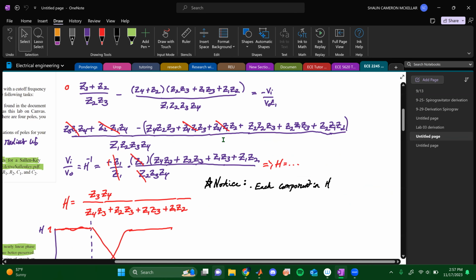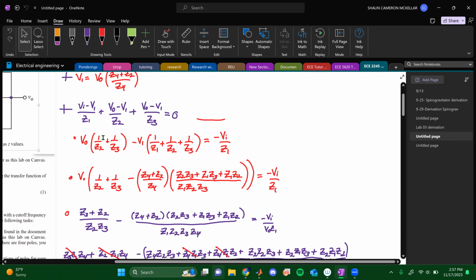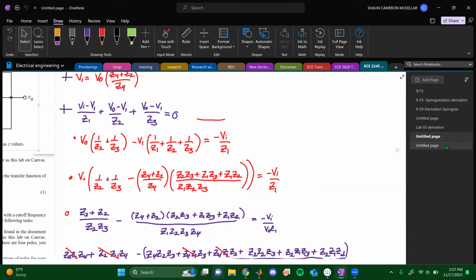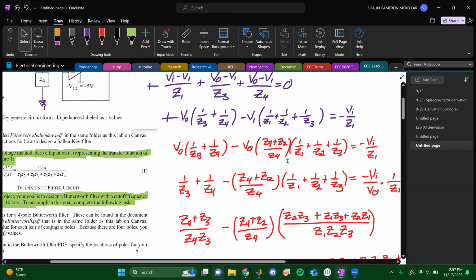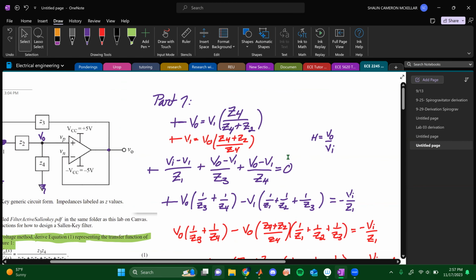Sorry guys. Oh, I made a typo back up here. This was okay. I think I see what I did. I said that this was V out times Z3 over Z4, but that Z3 is supposed to be a Z2. So let's go through and fix that.